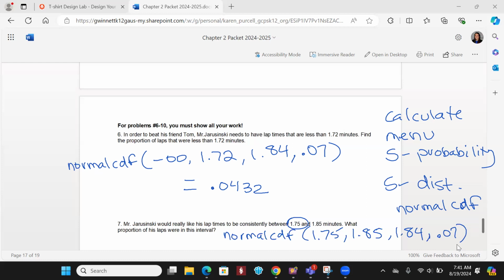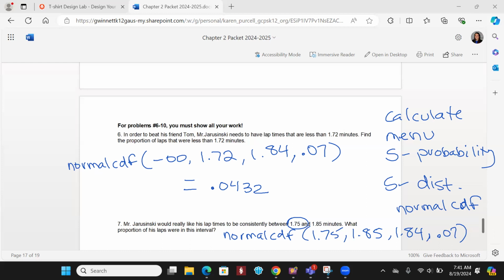Lower bound, let's do. No, then it's the infinity that messed it up. Okay. Try it.